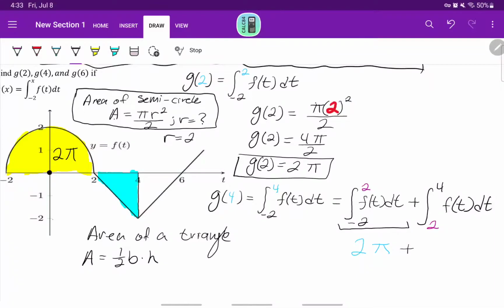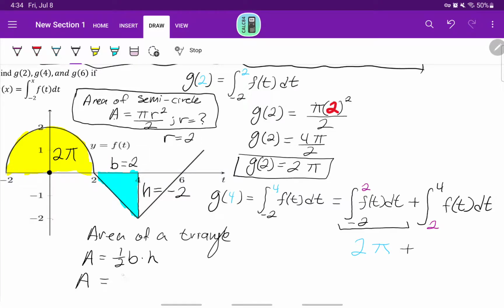All right, the base of this triangle, the distance from 2 to 4, that is 2. And this triangle goes down until y is -2. So the height of this triangle, h, is -2. So the area of this triangle should be negative because it's below the axis.